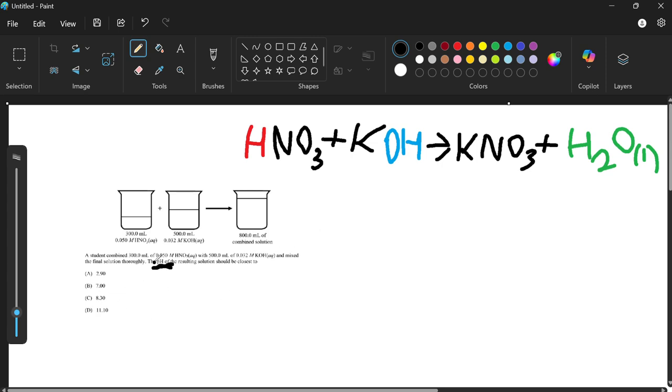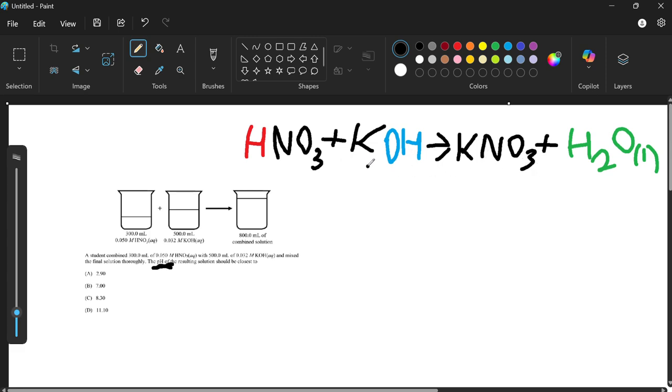And so whenever you have these kind of problems where you have a strong acid reacting with a strong base, you would usually want to write the molecular equation. And with this, you notice that the strong acid and the strong base react where the H donates to this and creates H2O with KNO3 left over here.